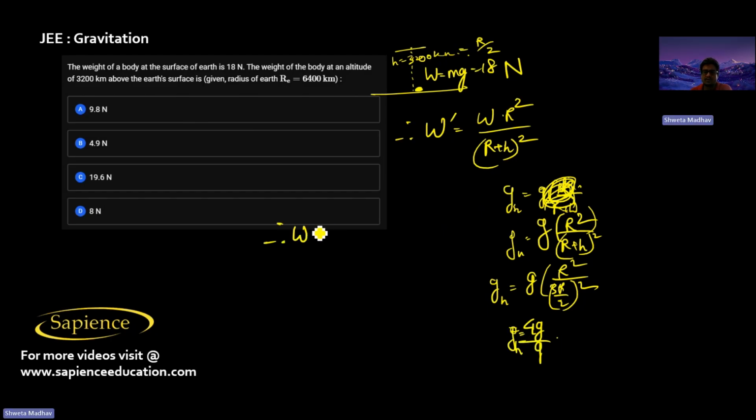Therefore, the new weight will be equal to W into R square by R plus h whole square. Since W is mg, mg dash will be equal to mg into R square by R plus h whole square.